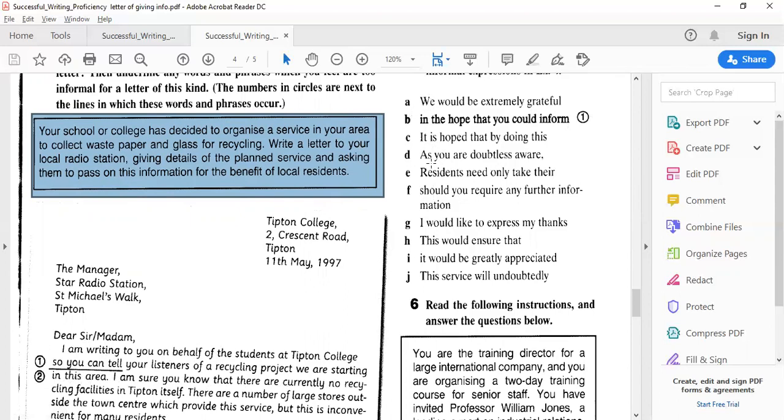You need to go through all these from A to J, right? And then if you think that 'in this area, we would be extremely grateful' or 'it is hoped that by doing this' is appropriate for the second part out of A to J, you will just choose that part.